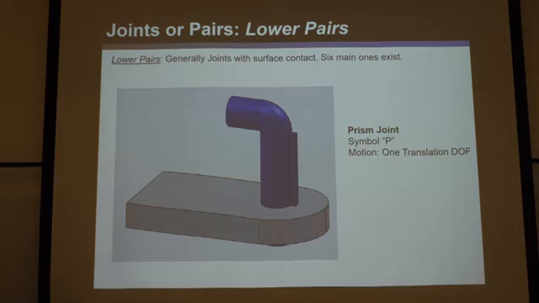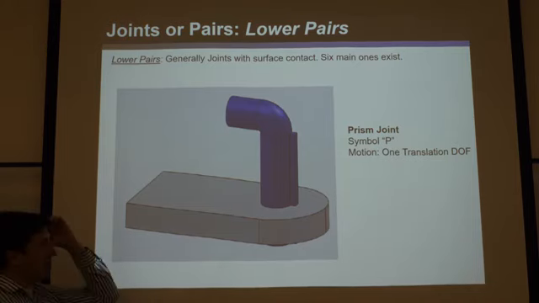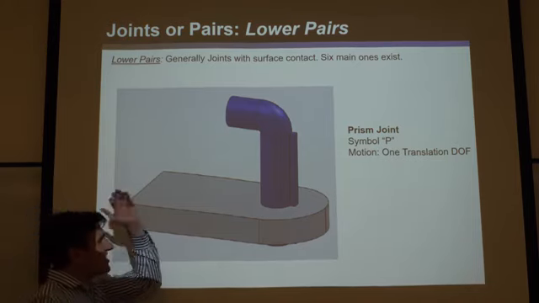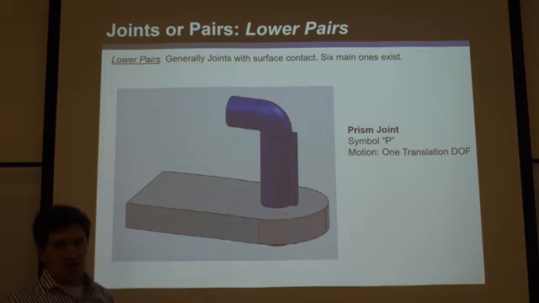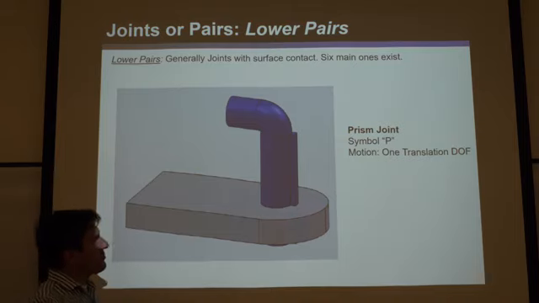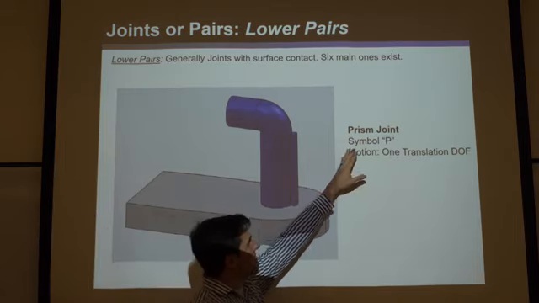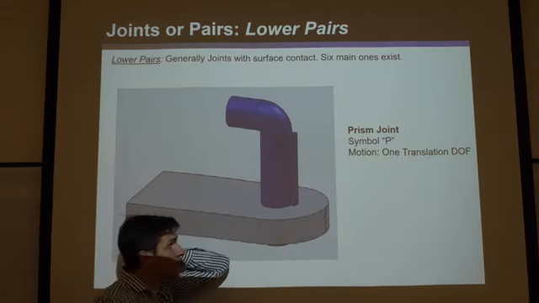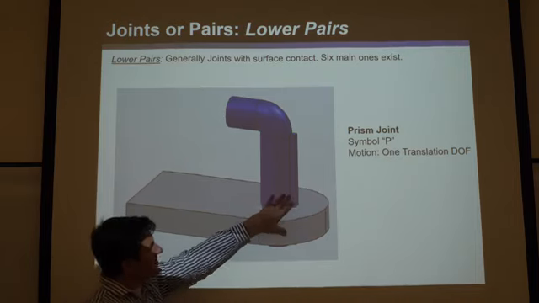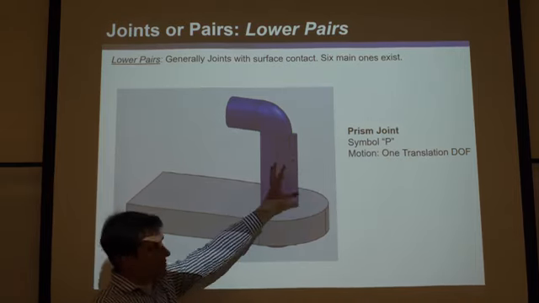Okay. Let's look at another example. This is another 1 degree of freedom lower pair. This is a prism joint, which translates. Translational joint, slider joint, some people call it. But prism joint is the formal name. Its symbol is P for prism. And you can see it's basically a cylinder on cylinder, but there's a key here. And it could be many different shapes.